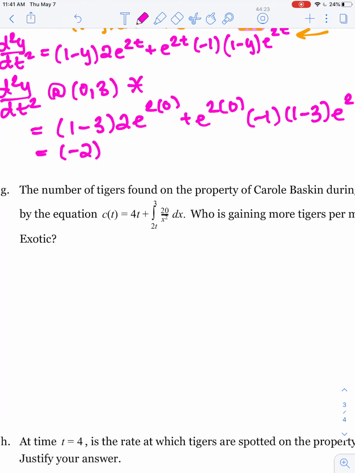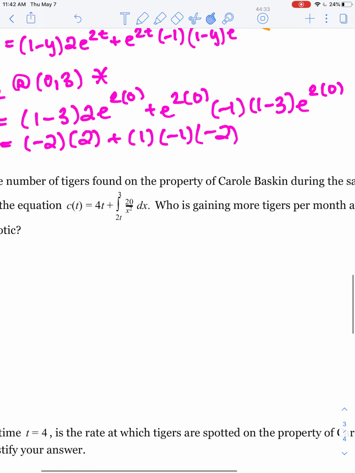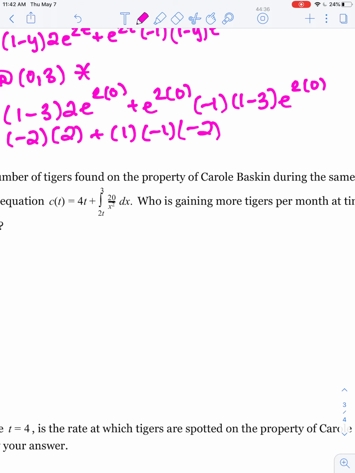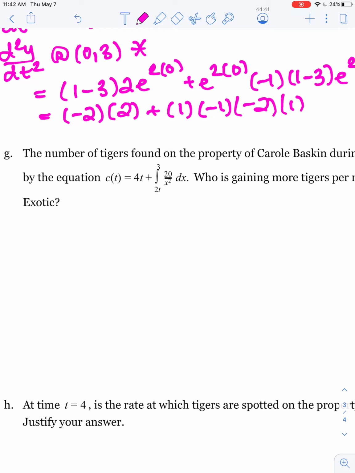This becomes negative 2 times 2 plus 1 times negative 1 times negative 2 times 1. And we end up with a negative 4 here, plus 1 times negative 1 is negative 1 times negative 2 is positive 2 times another positive 1 is positive 2. So negative 4 plus 2 is then equal to negative 2.